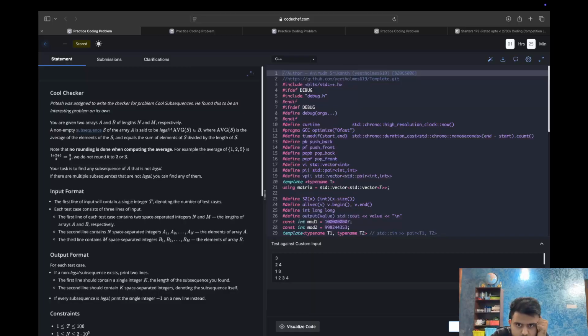For example, the average of 1 and 2 is 1.5. So all integers. So find if any subsequence of it is not legal. Okay, we're going to find if not legal.